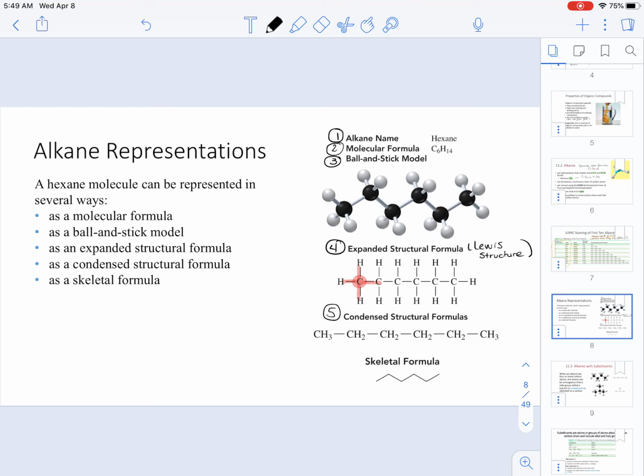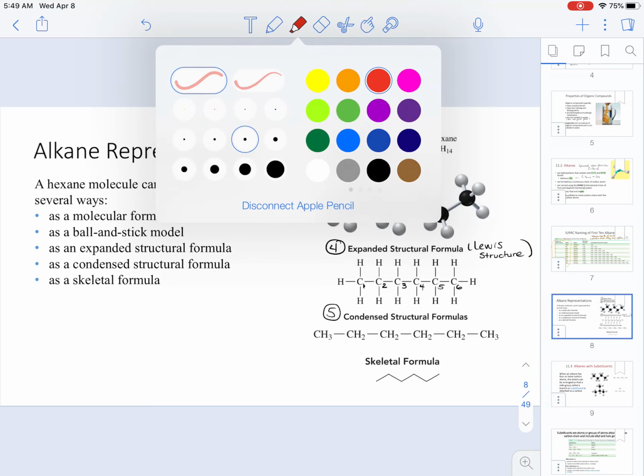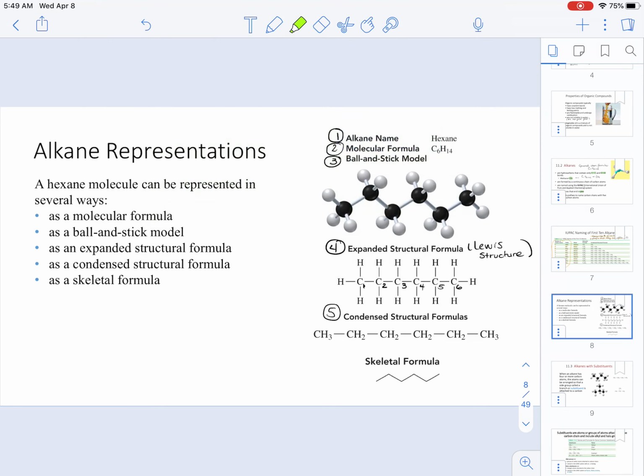So, as you can see here in this molecule that is hexane, because it contains 1, 2, 3, 4, 5, 6 carbons, I'm just going to highlight the atoms. The first carbon, carbon 1, is bonded to 1 hydrogen, 2 hydrogens, 3 hydrogens. That's why it becomes a CH3.